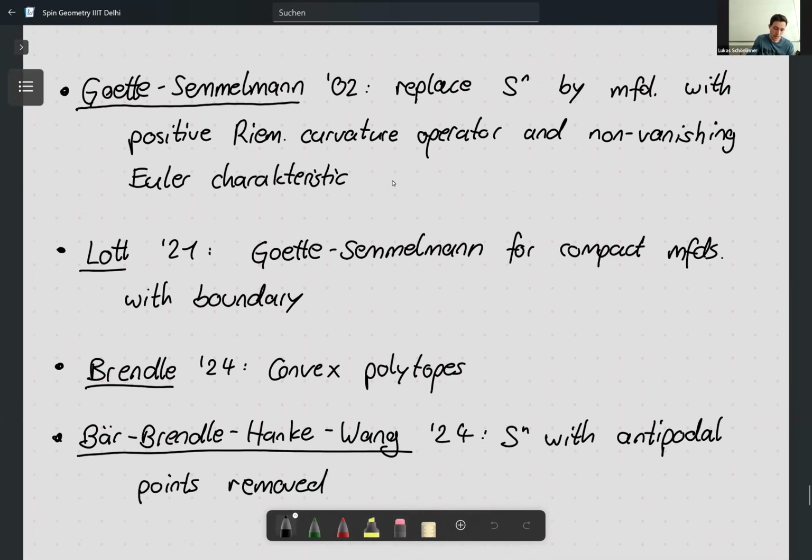And then also in 2024, Brendle, Hanke, and Wang showed that Llarull is also true in the case where we remove 2 antipodal points of the sphere. On the manifold S^n with antipodal points removed, we can write this as a warped product metric.